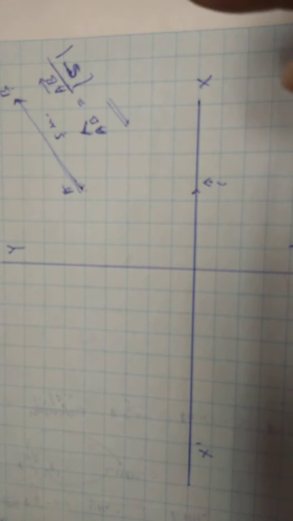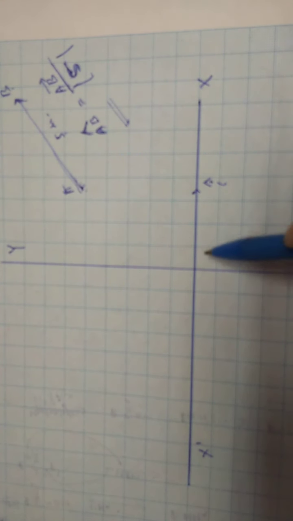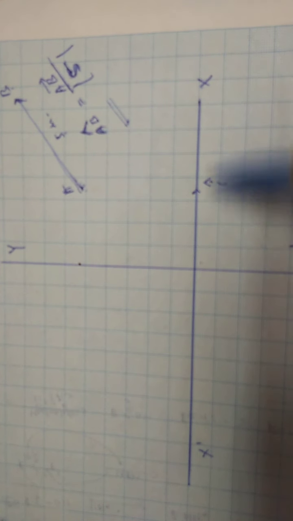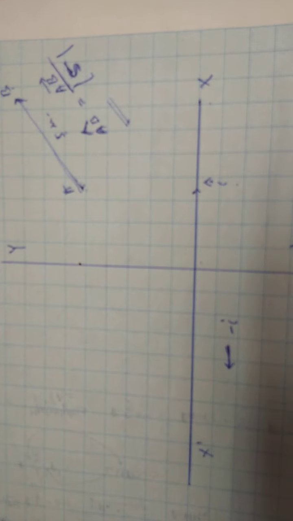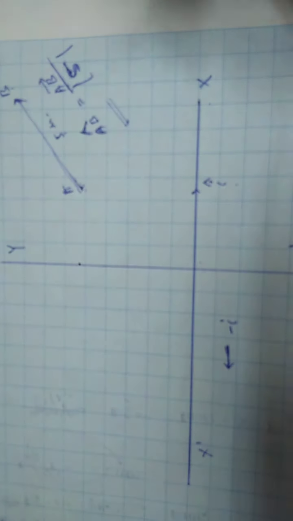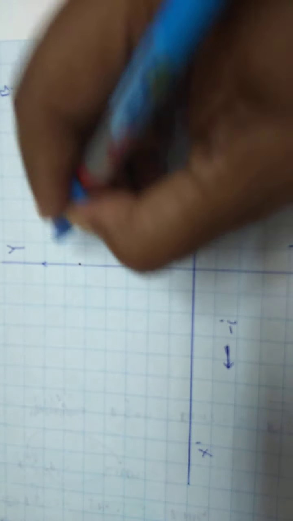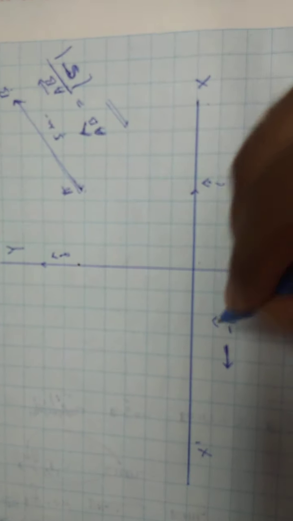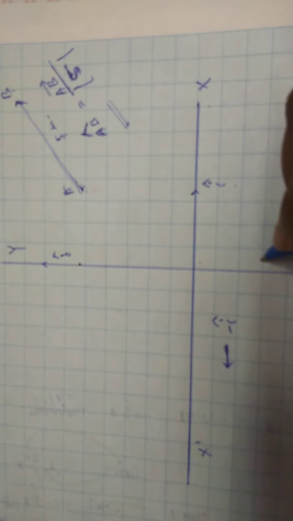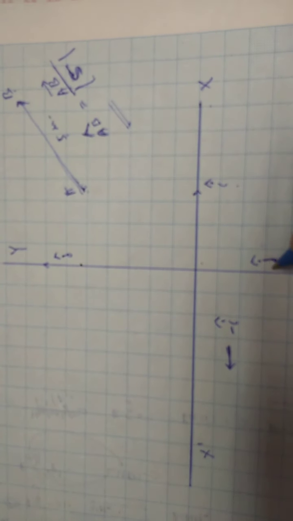So for the time being, you must remember the unit vector by default in the direction of positive x is i. In the negative x direction it is minus i. The unit vector in the positive y direction is j cap, and in the negative y direction it is minus j cap.